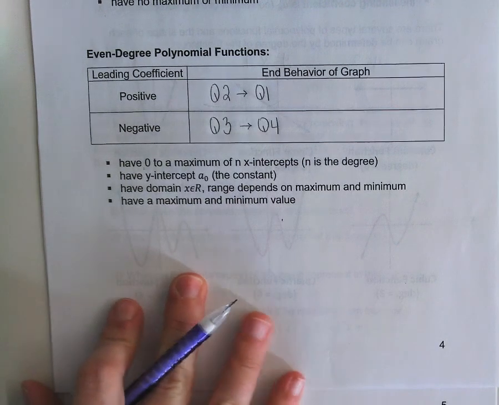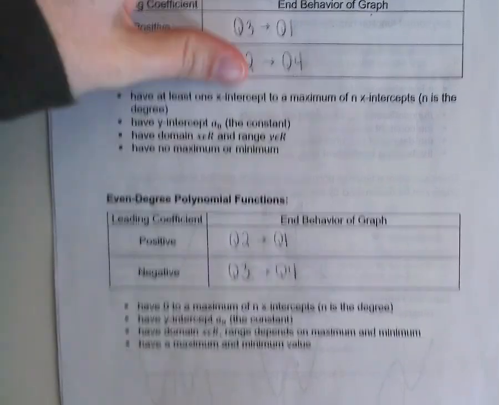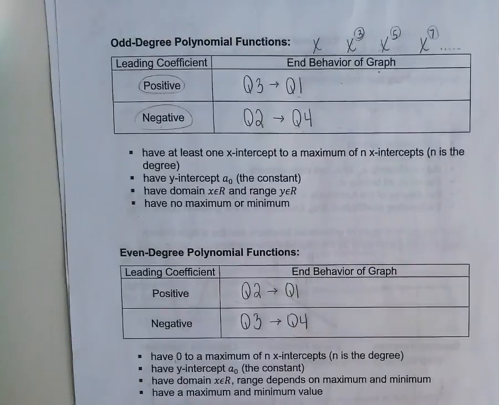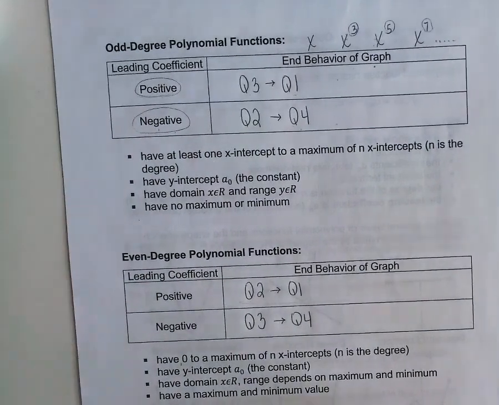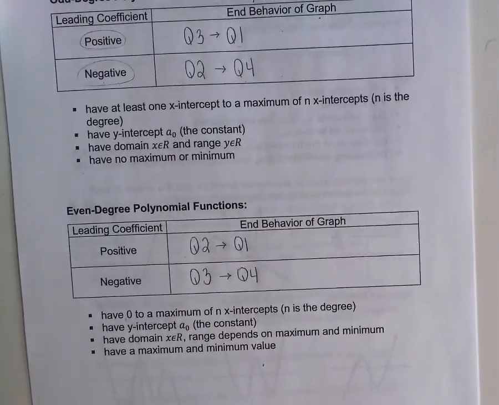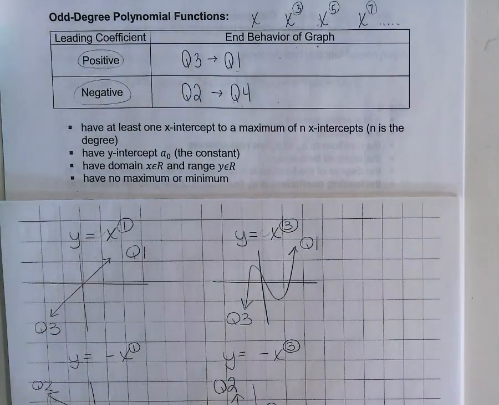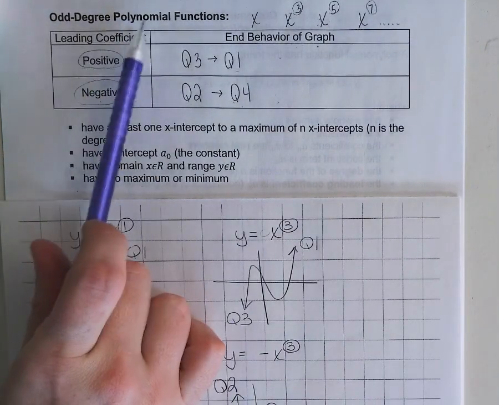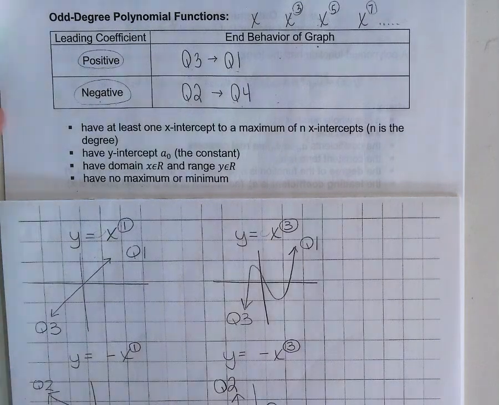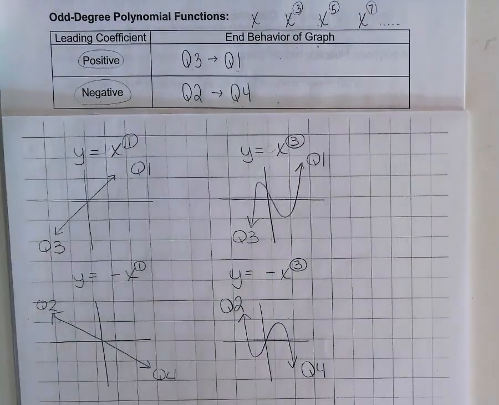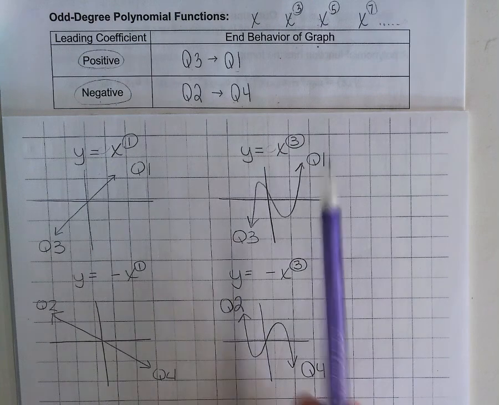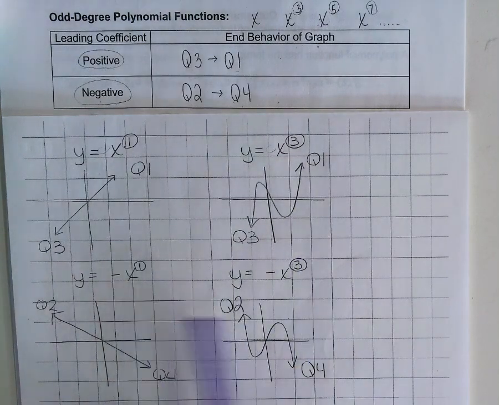So if we look at the characteristics of these functions, I'm going to go back up to our odd degree functions for a minute. When we think about the characteristics in terms of intercepts, maximums and minimums, you'll notice that in odd degree polynomial functions, y equals x cubed, y equals negative x, y equals negative x cubed, these all have at least one x-intercept.